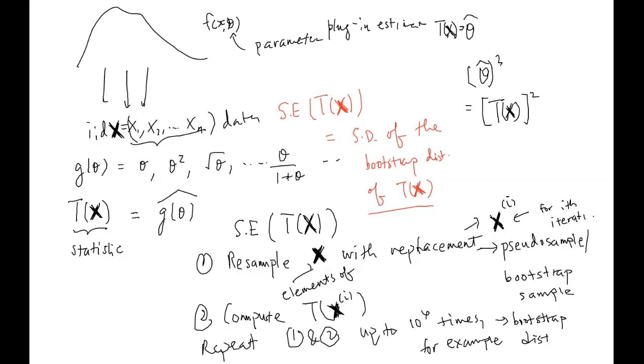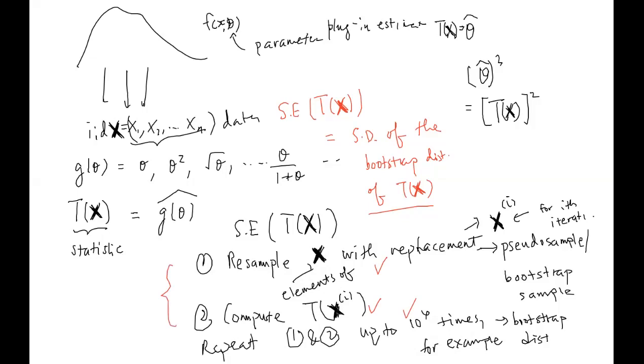So you can correct the bias by either doing some mathematical statistics work, or if that is too complicated, we just use bootstrapping to correct the bias. So how do we correct the bias? It is the same here. We have this step, and this step, and this step.